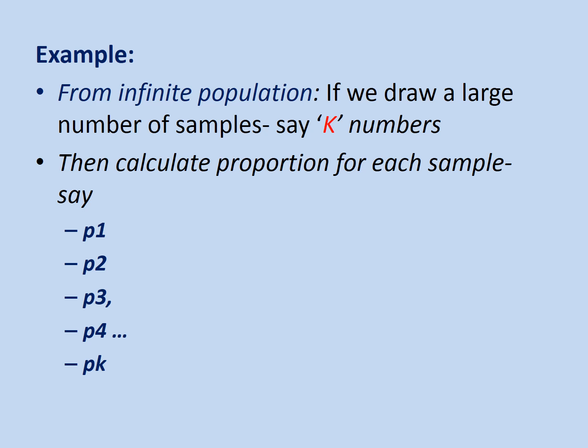But if you take the sample for the first time, you take out 200 persons, and in that case 60% have hypertension, meaning 120 out of 200 people have hypertension. The second time you again conduct the survey and select 200 people.